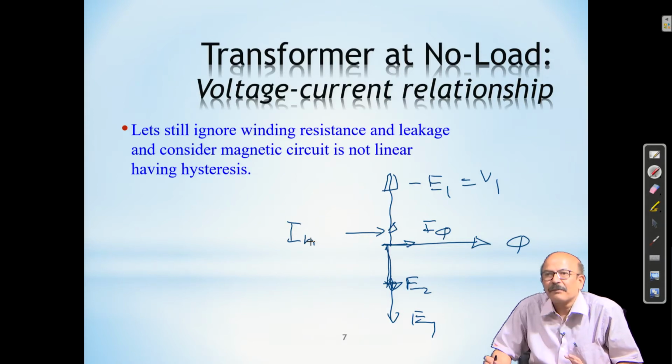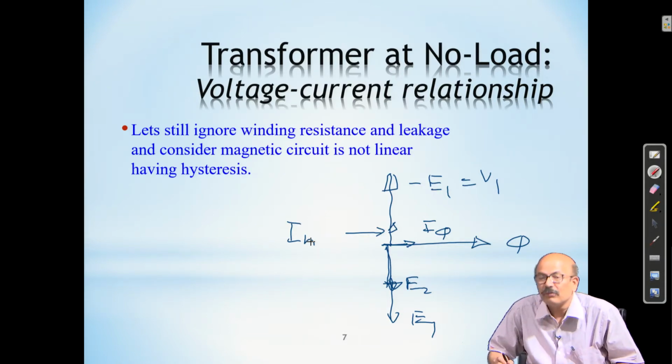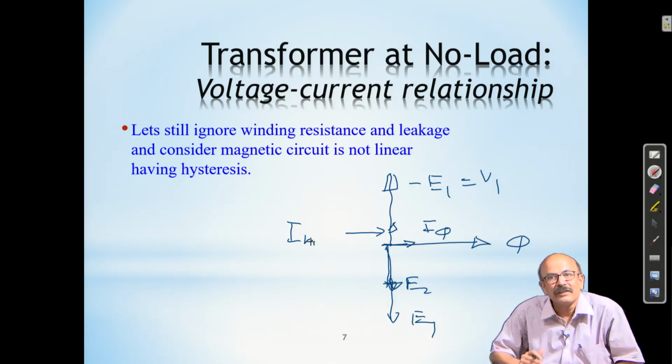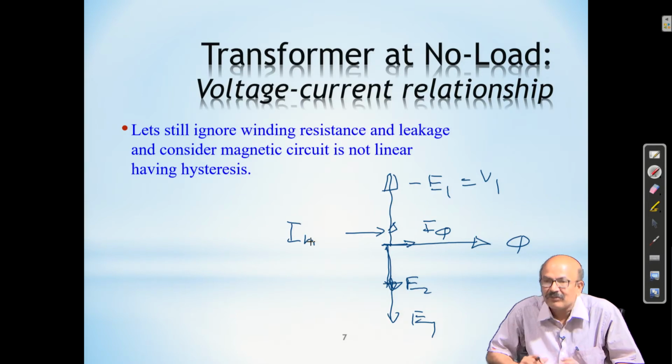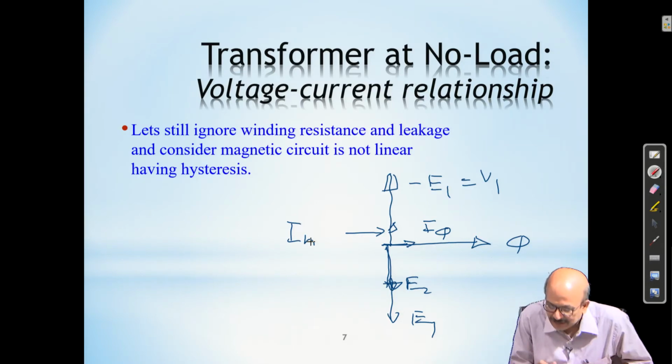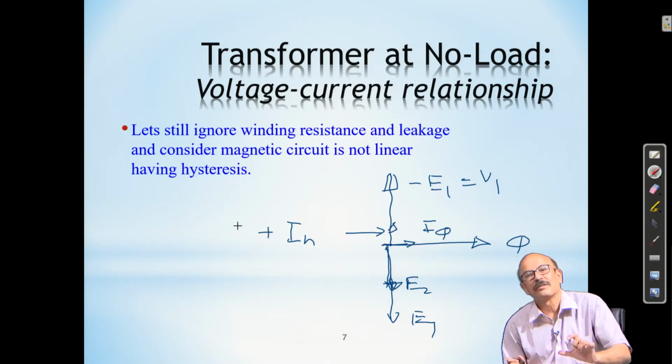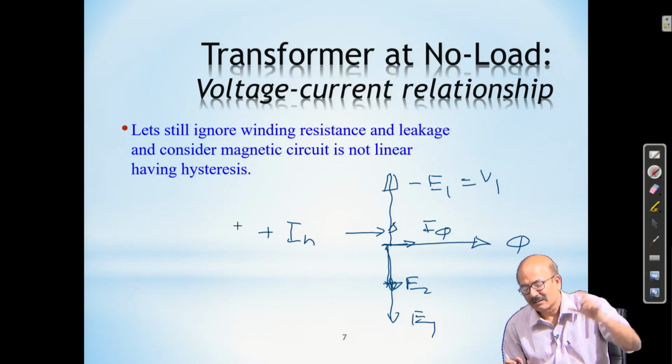The remaining part is actually the same, and we also discussed the other day that in the transformer core you have eddy current loss. To take care of hysteresis and eddy current loss, you will have another component here, because loss can only be accommodated with an in phase component, in phase with the applied voltage.